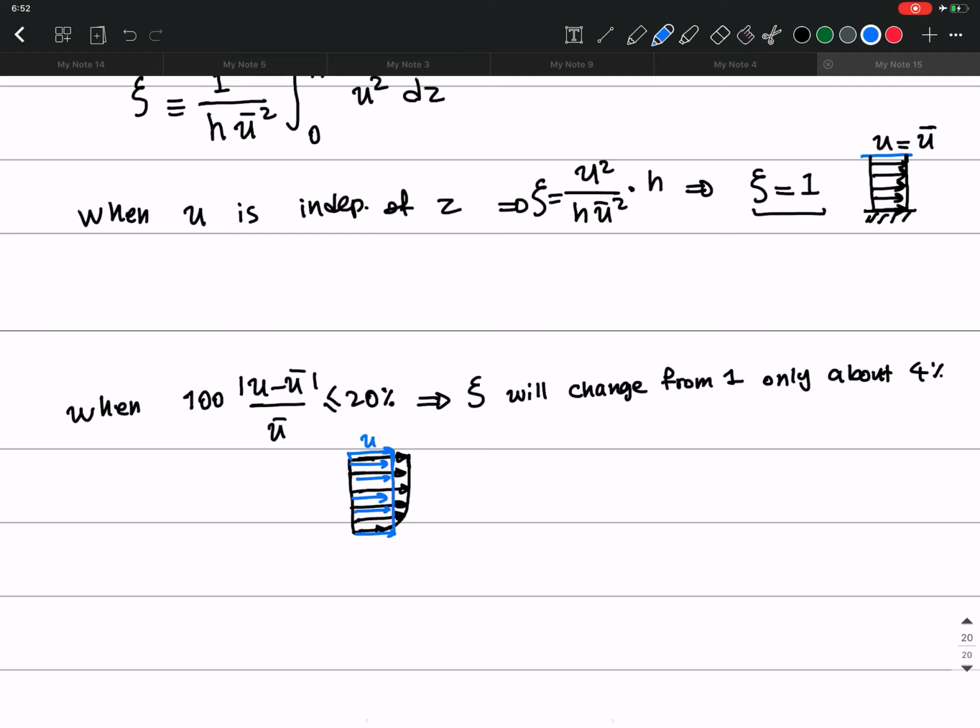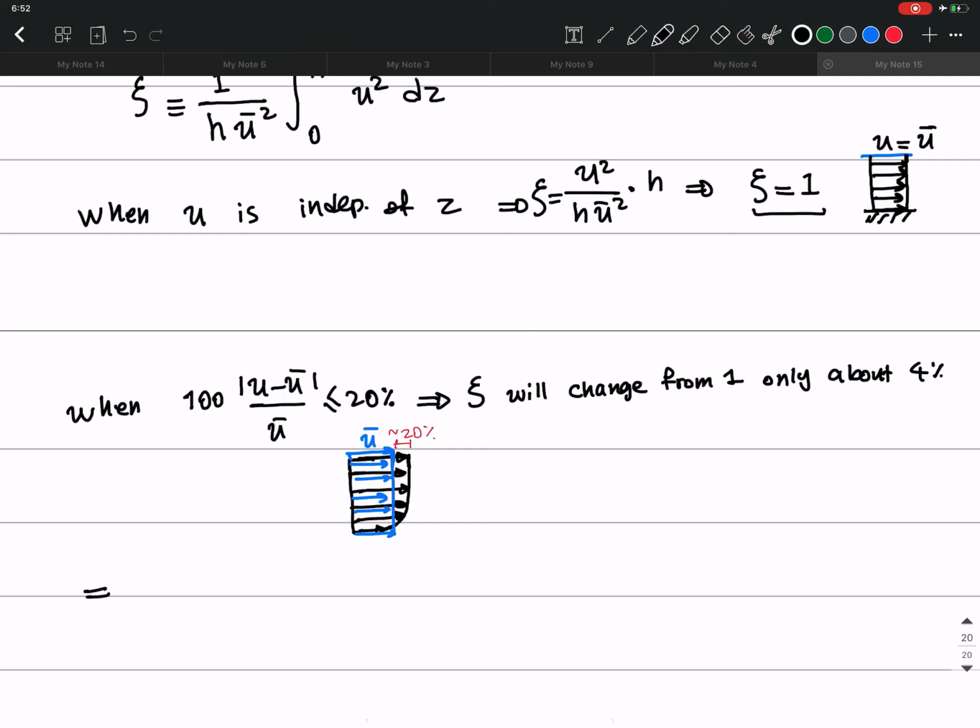If this (u minus u bar) over u bar is only about 20%, then your Kc is only going to change about 4%. So the change of Kc is much lower than the difference between u and its average velocity.